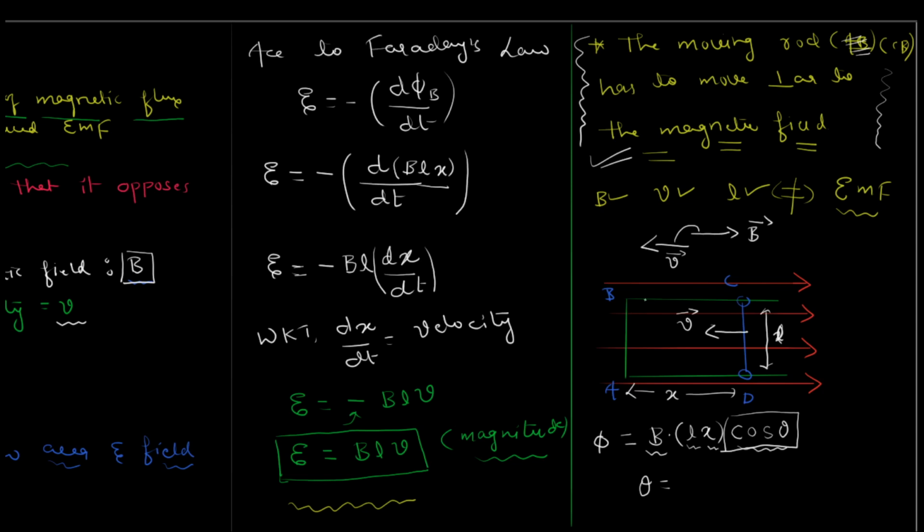If ABCD is the area, the area vector is going to be perpendicular to this plane. Since ABCD lies on the screen, the area vector could either be perpendicular to the plane and outside, or perpendicular to the plane and inside.